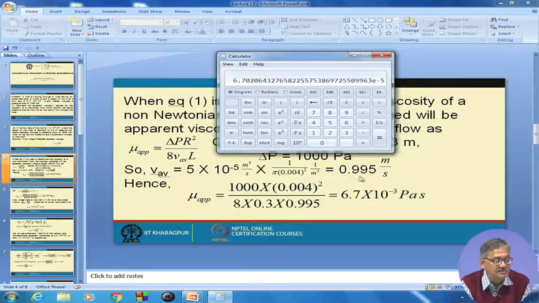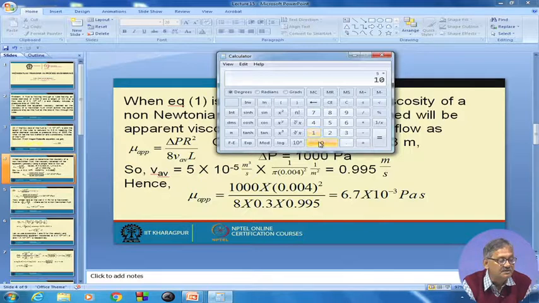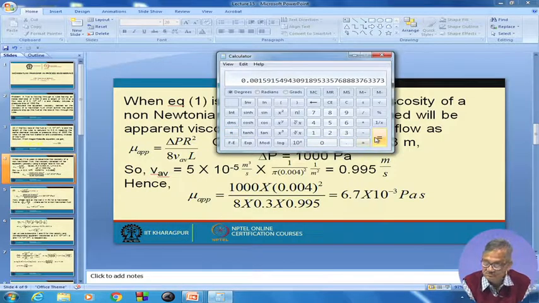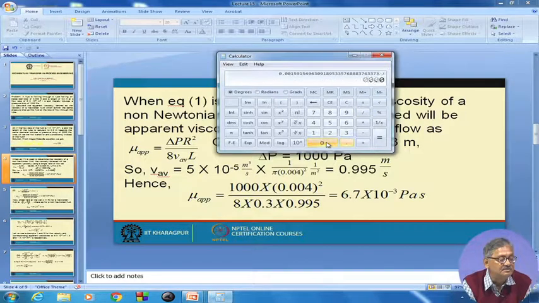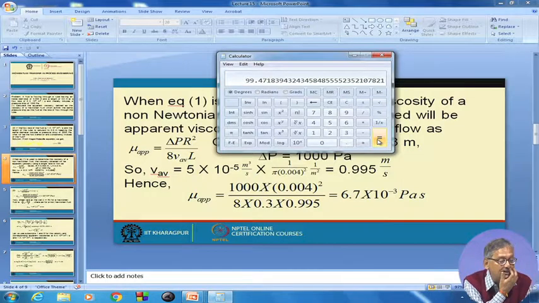V average is coming 0.995. Let us see once whether V average is coming 5 into 10 to the power minus 3, divided by pi, divided by 0.004 square, is equal to 99.47.